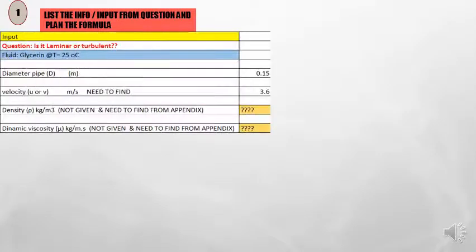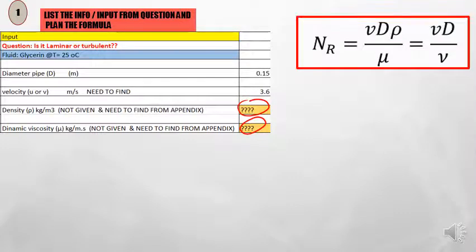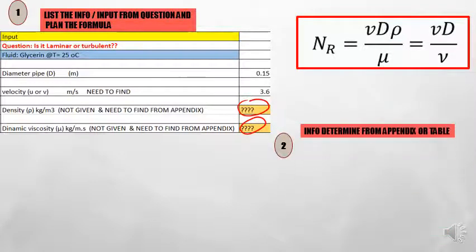Okay, so I repeat again. First, list down the info from the question, and you notice that you have two pieces of information that you need to get from the table in the appendix. Next, proceed to get the info from the table.